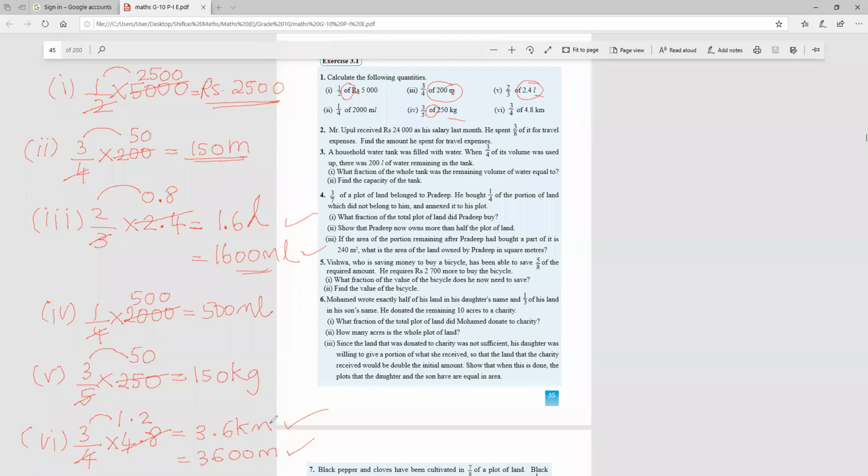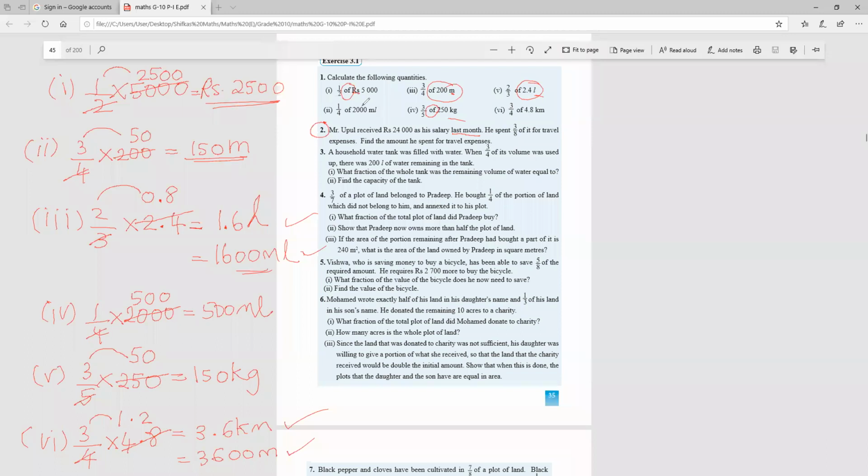Okay, now see the basic fundamental question of a word problem. If you can't understand these types of questions, you have to ask. Mr. Upul received rupees 24,000 as his salary last month. Is this his total salary or not?